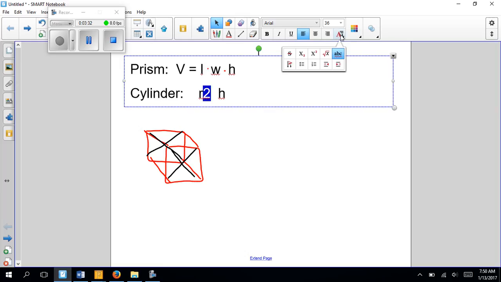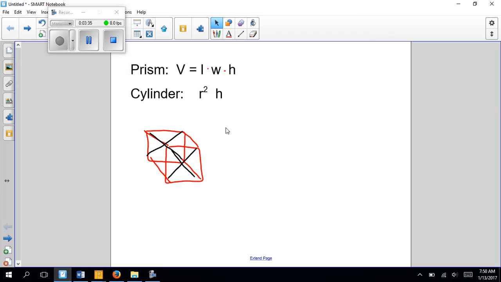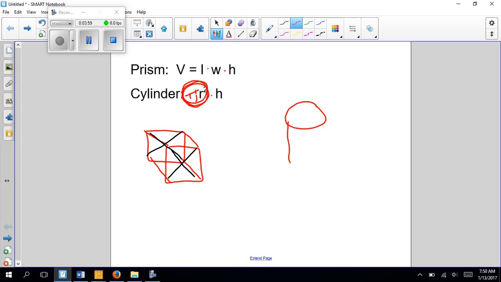Okay, so it's really the area of a circle times the height. If you envision a cylinder, all you are finding is the area of a circle, pi times radius squared, times how tall your shape is. That's how you find the volume.